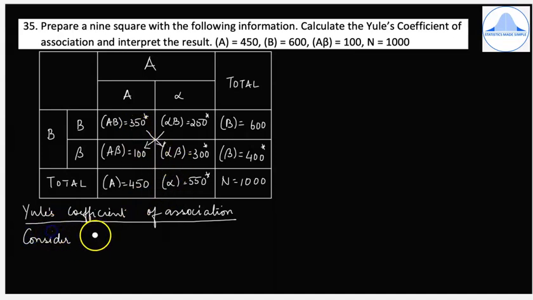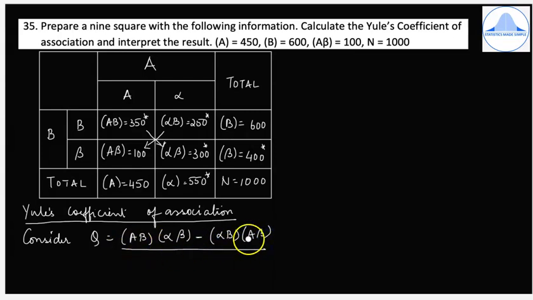Consider Q equal to the product of the first cross diagonal, that is AB into alpha beta, minus the product of the second cross diagonal, that is alpha B into A beta. If you write this numerator correctly, same will come in the denominator with the plus sign. So AB into alpha beta plus alpha B into A beta.